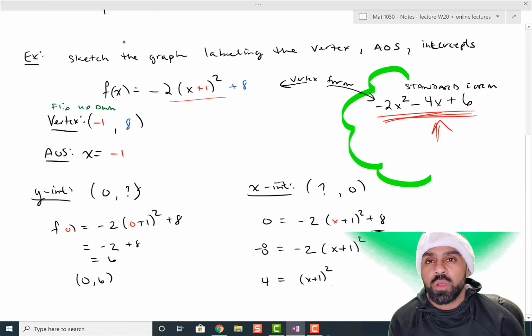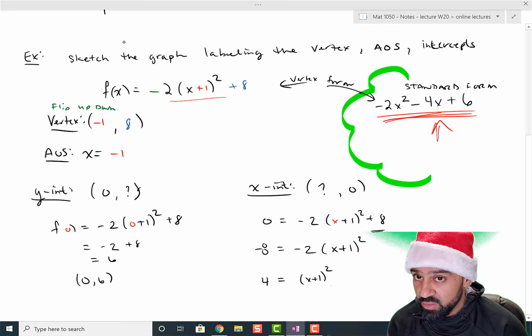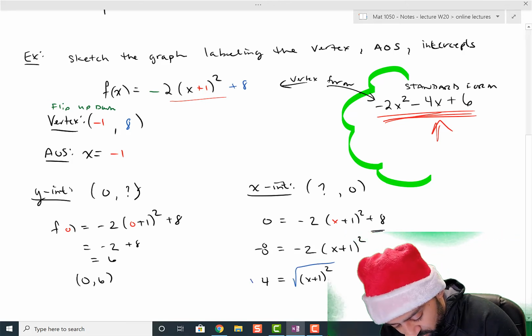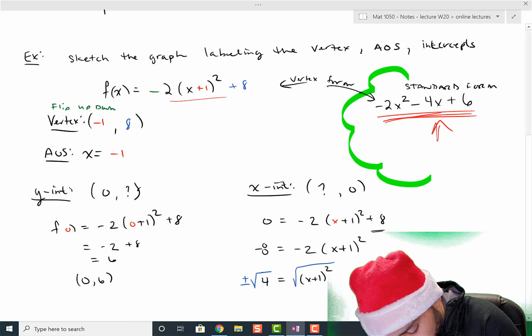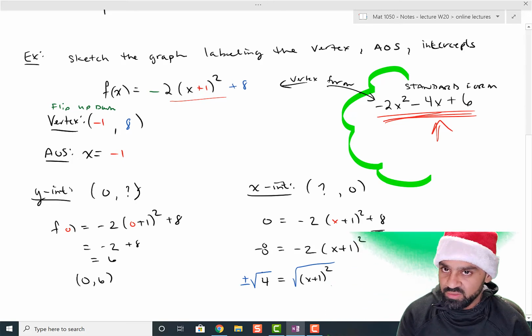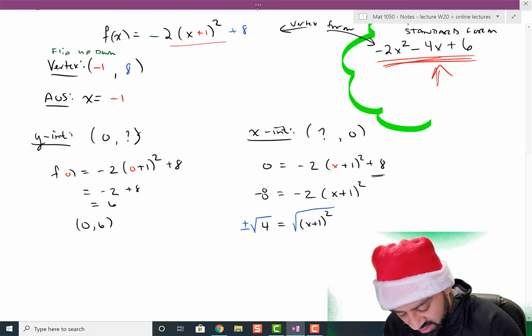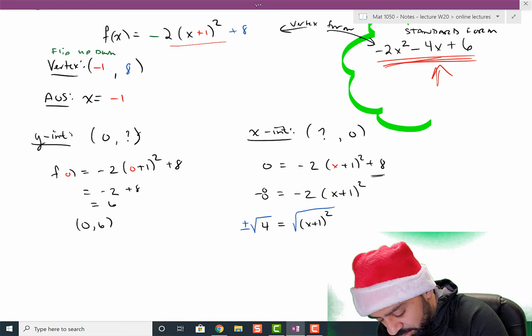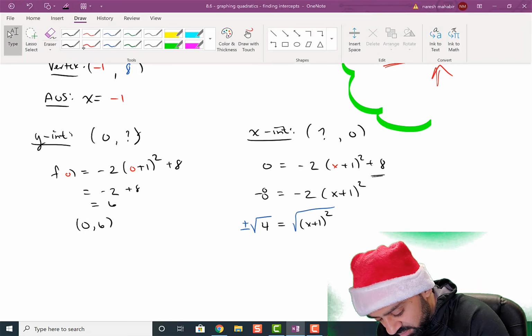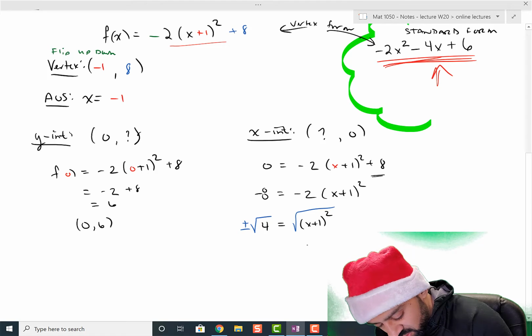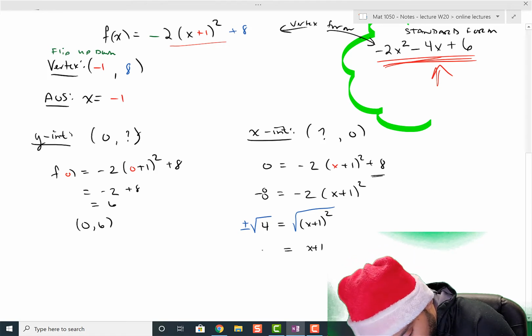If you undo a square, you must square root, right? And don't forget that when you square root, that number will now be plus or minus. That is a big deal. Do not forget that. So now we end up with something very cute, which is x plus 1 equals plus or minus 2.